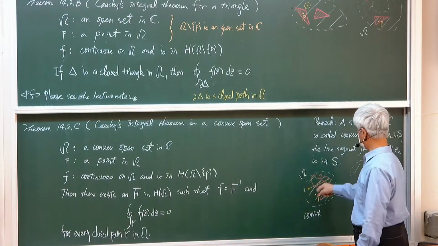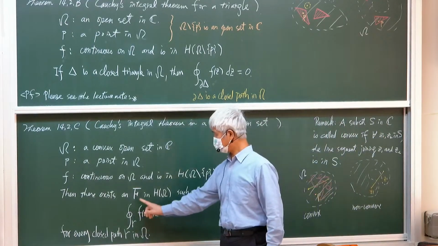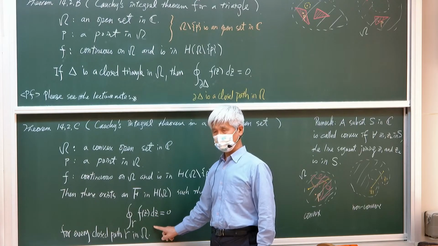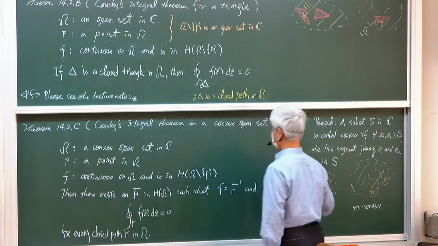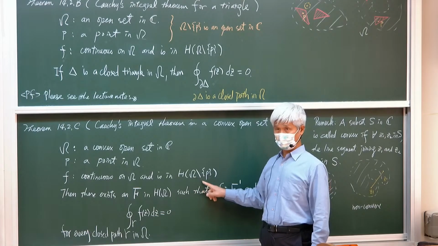Over this weird closed path, the line integral is 0. And f can be just continuous on omega, and analytic at every point in omega except a point p.